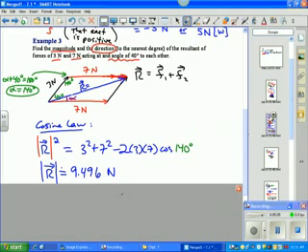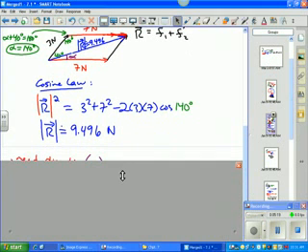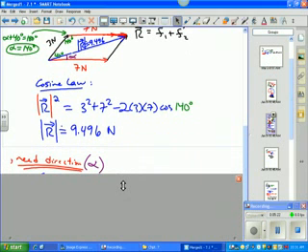I'm also going to add into our diagram, just to help us, the number that we came up with for the resultant vector. So as we move on here, I'll try and keep the diagram on the screen. So we need this direction, this alpha that I labeled above. And what are we going to use to get it? Well, we're going to use the sine law. Because if you notice what we have, the resultant vector as well as the angle that's across from it.